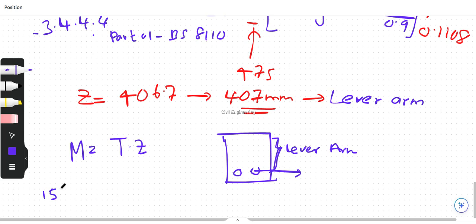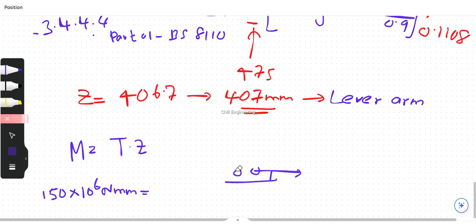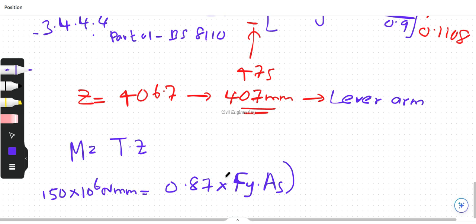Now we know the bending moment as 115 into 10 to the power 6 Newton millimeters, which is equal to 0.87 Fy As, that is T or the tensile force, into Z. Z is equal to 407.